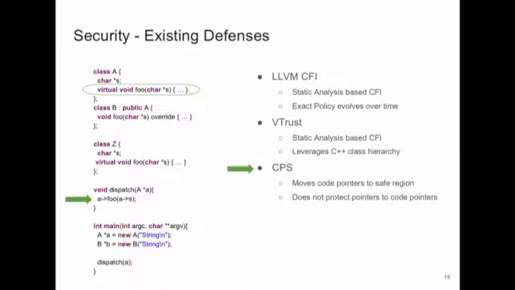CPS is a policy that achieves better precision. CPS can be thought of as a subset of memory safety. So they say we're going to protect all code pointers. We're going to move them to a separate region of memory, and there aren't going to be any arrays or anything there, so that an attacker cannot easily corrupt them.